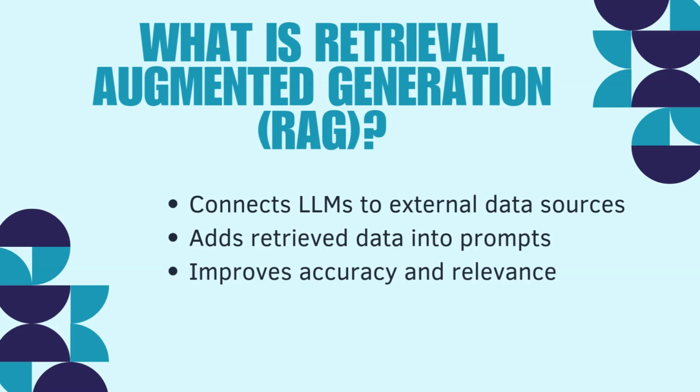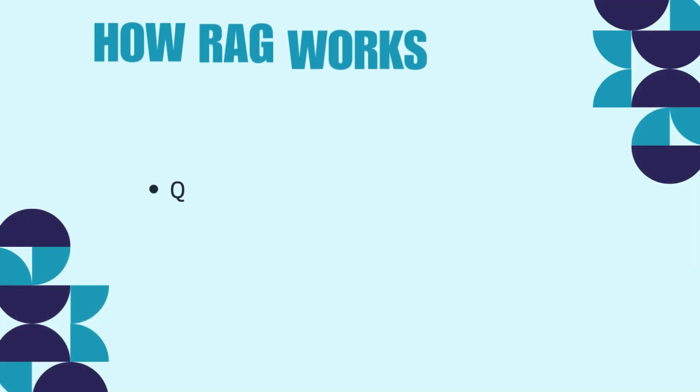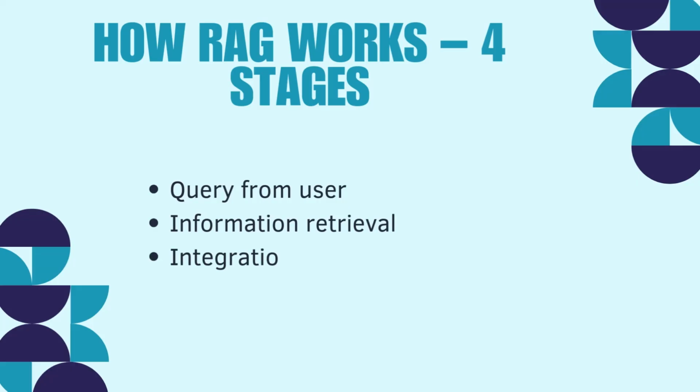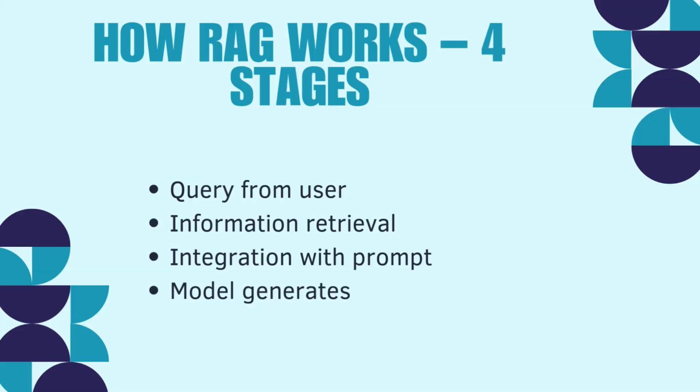Here's how RAG works. First, a user submits a query. Next, the system retrieves relevant information from an internal or external knowledge base using semantic search. Then the retrieved data is integrated with the user's query and sent to the LLM. Finally, the model generates a response using both its training and the added context.